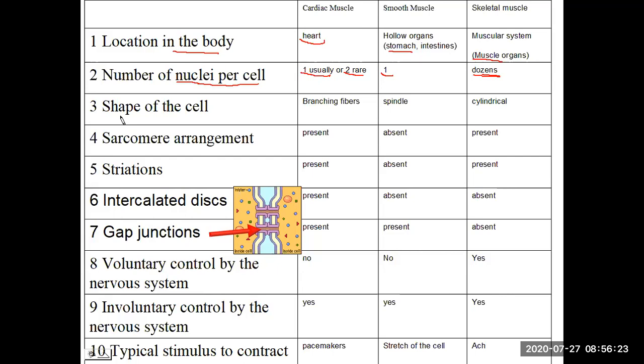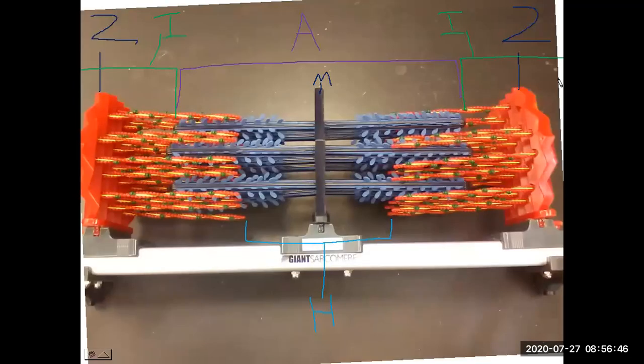The shape of the cell, so we have a description here, the branching fiber, the fact that one or more ends of the cardiac muscle cell branches and splits, the tapering spindle shape, or a long cylinder for skeletal muscle. And we could just go back to the sketches for that.